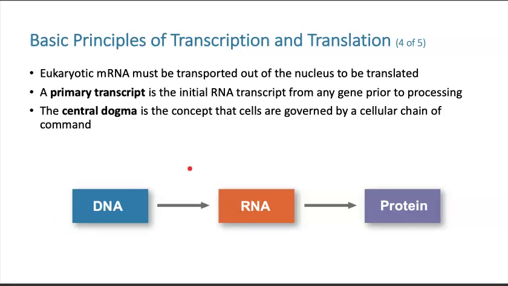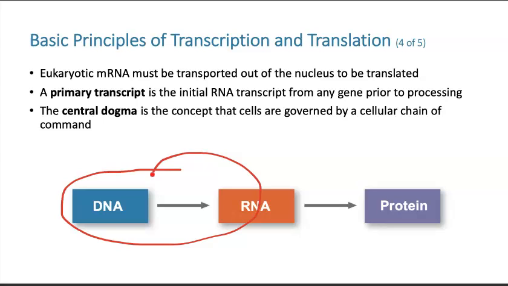And all of that is happening right in this area right here, right? DNA making RNA. And actually this whole line of DNA makes RNA and RNA makes protein is known as the central dogma of biology, which means that all cells are governed by the cellular chain of command where DNA makes RNA and RNA makes proteins.